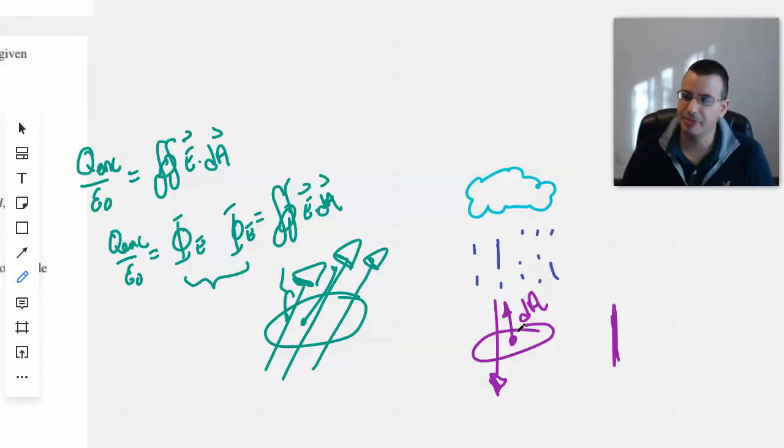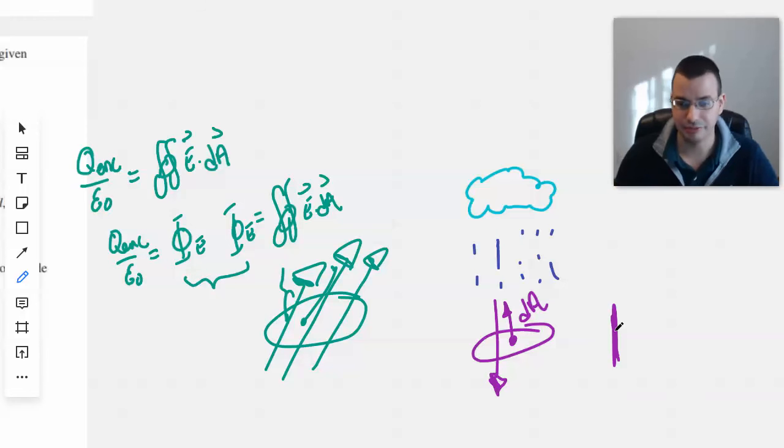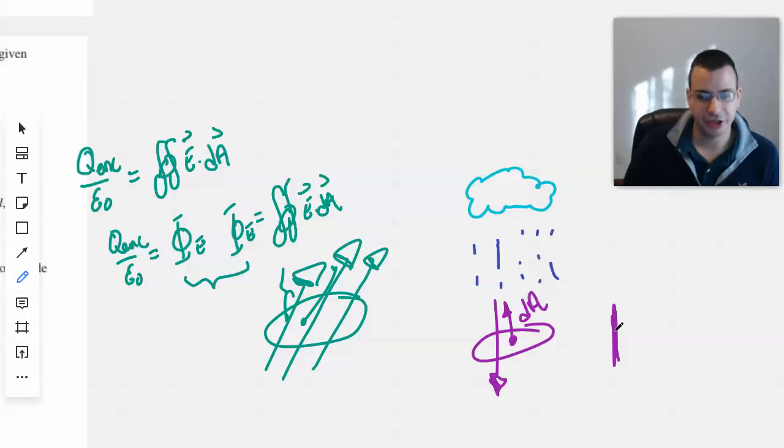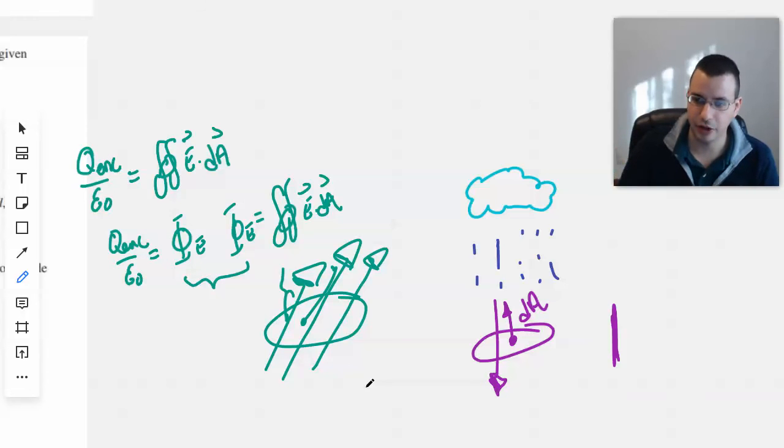Actually, it'd probably be minimum because you get a negative value, but we're looking at magnitudes right now. When you hold your hula hoop sideways, all the rain would come down on the sides of it and not be fluxed. That's the idea of flux: the amount of flow through a surface area.